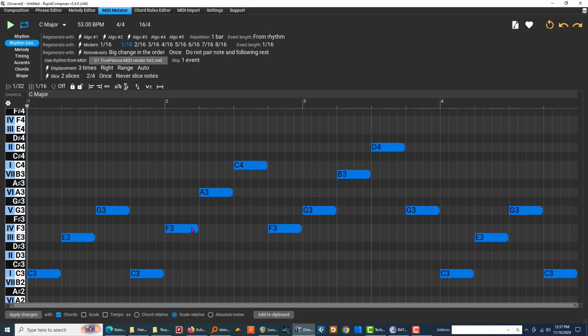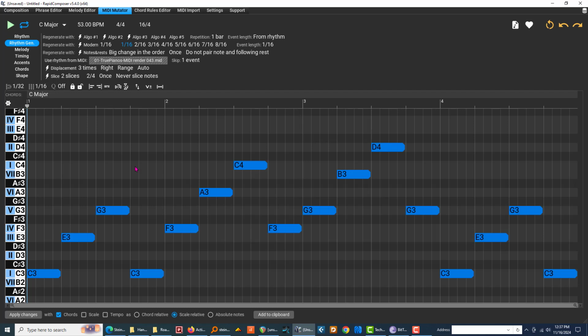So how can we slice a phrase up? Well, let me back up a second. When we slice the phrase, what we're going to do is rearrange the slices, okay? So let's say in this case we've got 4 measures or 4 bars. This phrase is made up of 4 bars.